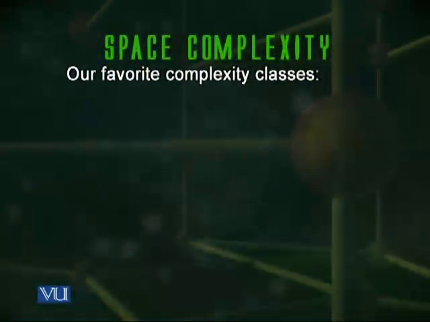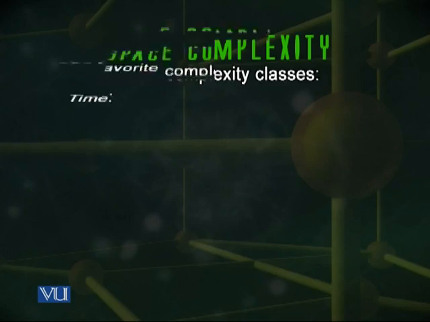Let's continue. Now let us define our favorite space complexity classes. Let's look at what our favorite time complexity classes were. We go back and look at our study of time complexity and use similar ideas to study space complexity. So what were our favorite time complexity classes?